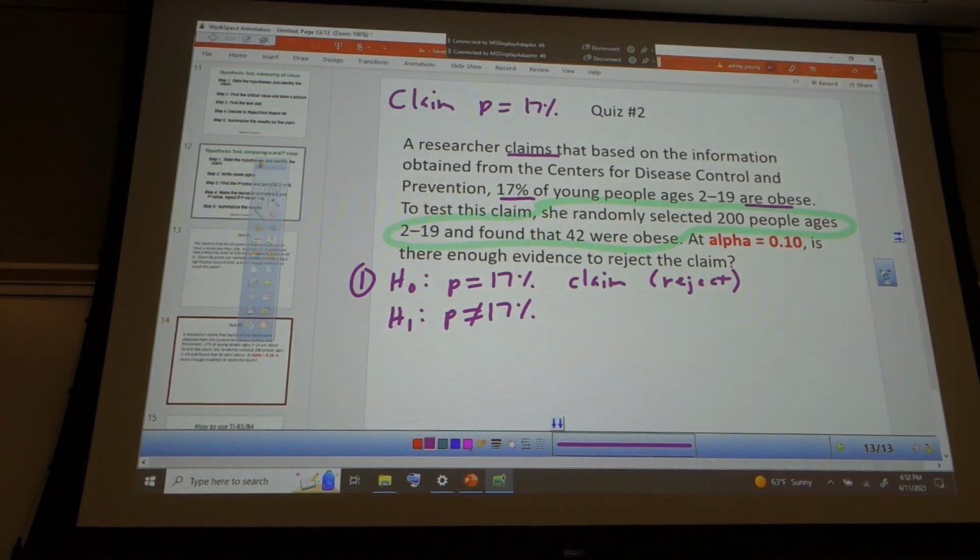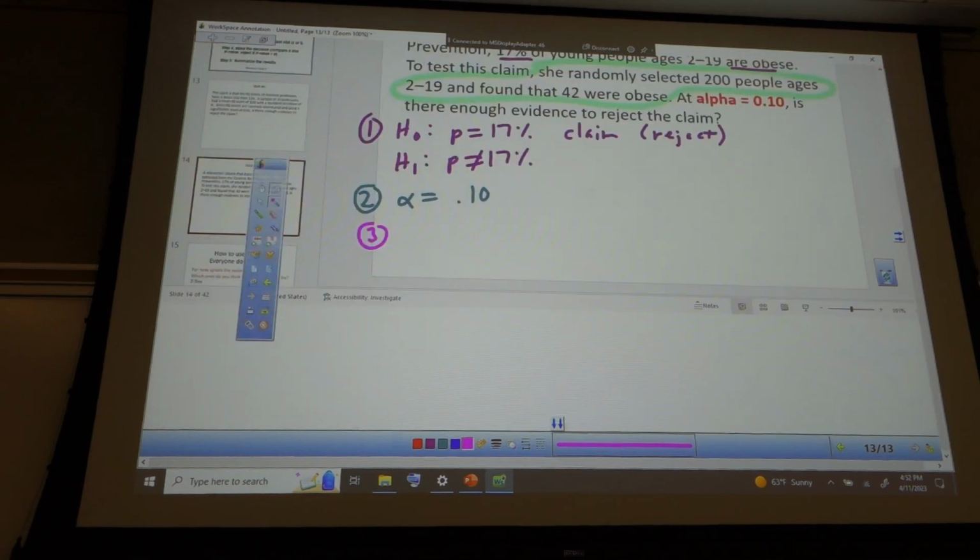Okay, so then we need to go to step 2. What's my alpha? 0.10. And step 3. What kind of test is this going to be? One proportion Z test. Yes, it's a proportion. So one prop Z test, and I'm going to input my P naught, which is from my claim, and then I need to put in my X and my N, and then my H1.